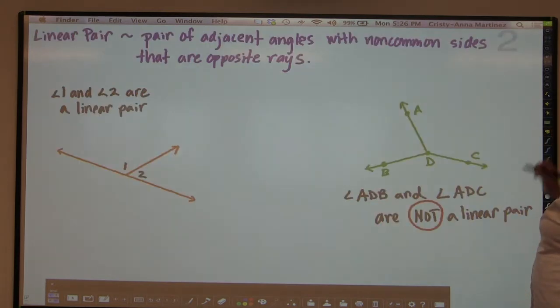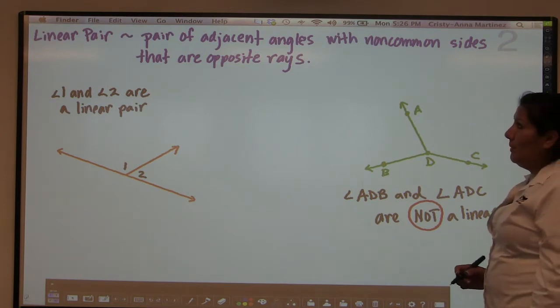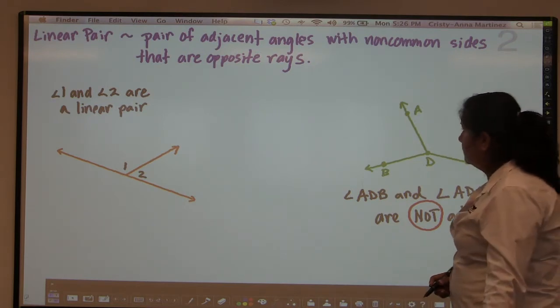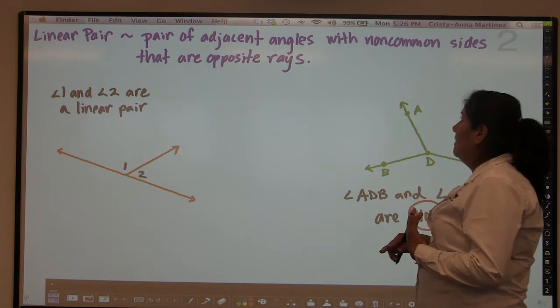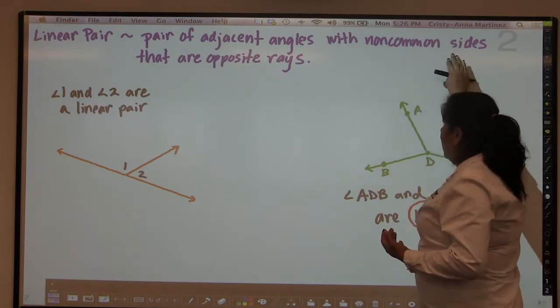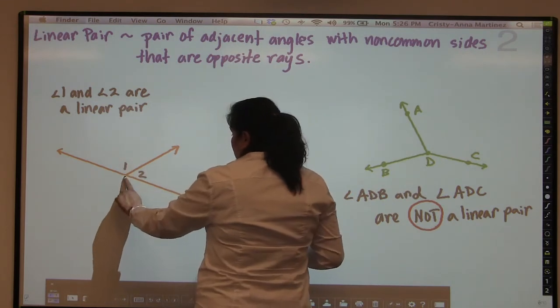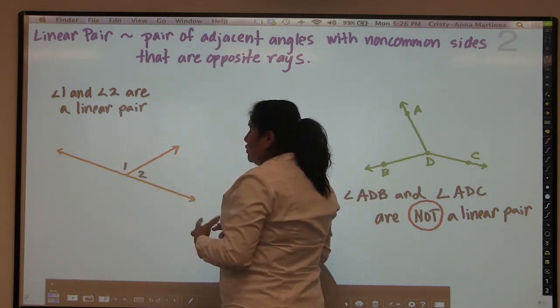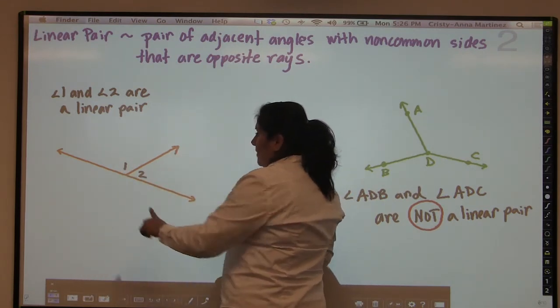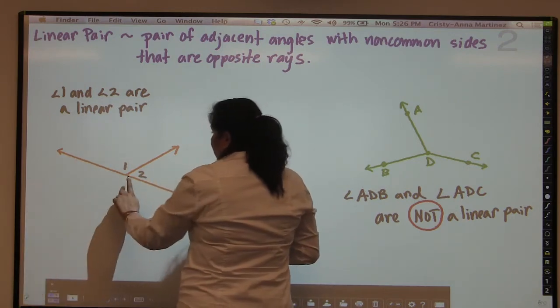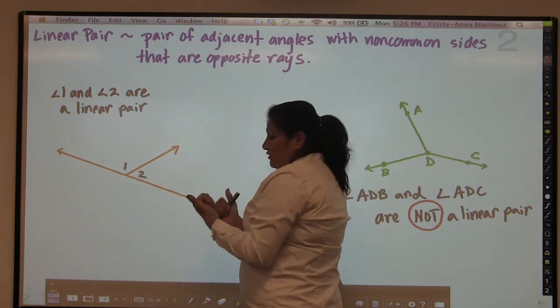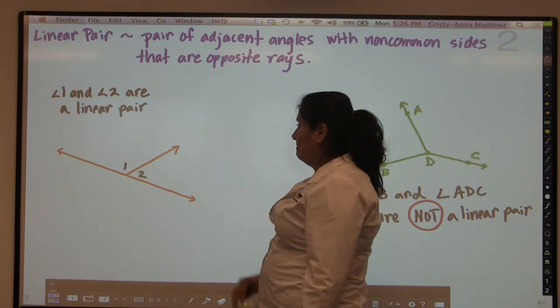Then we move on to linear pair, and a linear pair is a pair of adjacent angles, so they are going to have a common vertex and common side, but the non-common sides are opposite rays. Here we have an example of two adjacent angles, common vertex, common side. The two sides of the angles that are not common, this side here and this side there, are opposite rays, so they're going in opposite directions, so that's a linear pair.